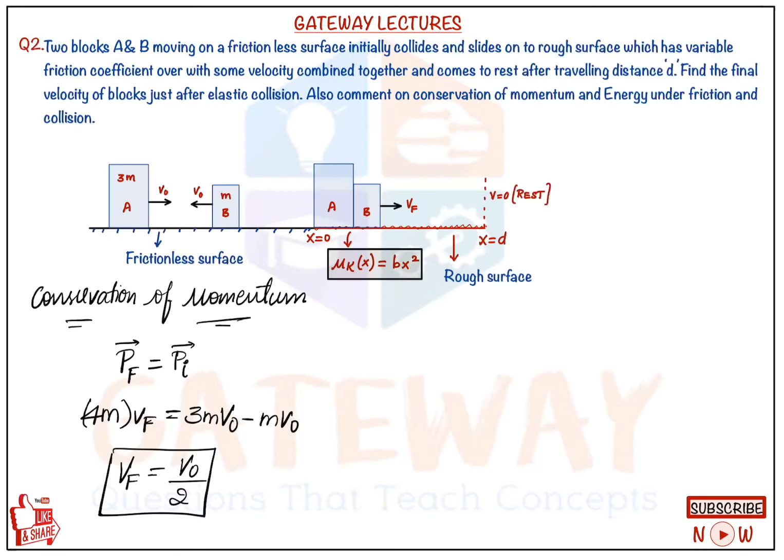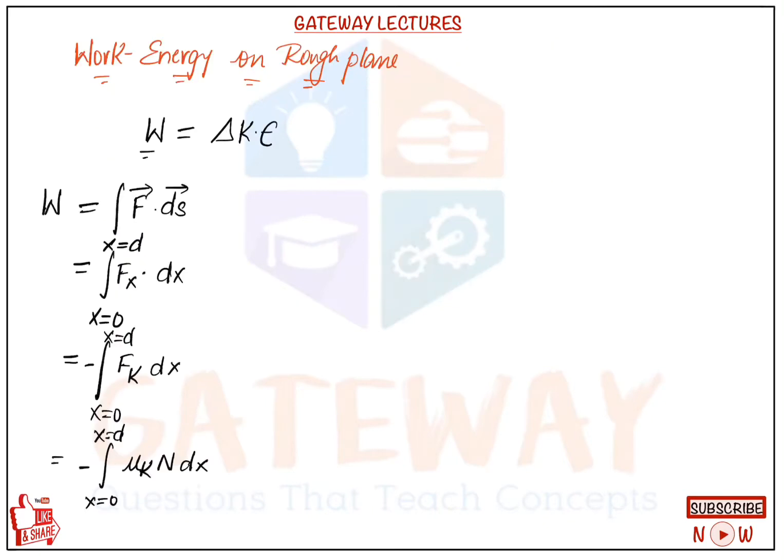And in the question mu k is given as mu k of x. So mu k is varying with the distance; as the distance increases, mu k also increases. So W is equal to minus the integral of b x squared into mg dx from x equal to 0 to x equal to d.